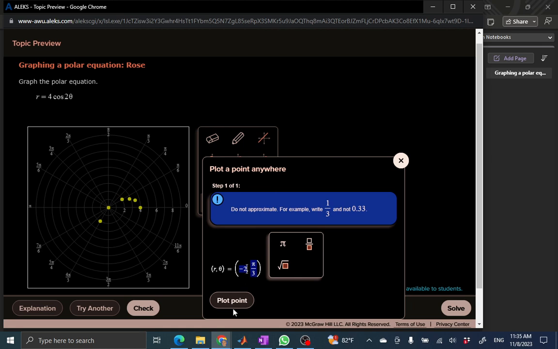After that, we are entering numbers from that table we had. Our theta is 3 pi over 8, and the number 4 cosine of 2 theta is going to be minus 2 square root of 2, and that's going to be the next point.